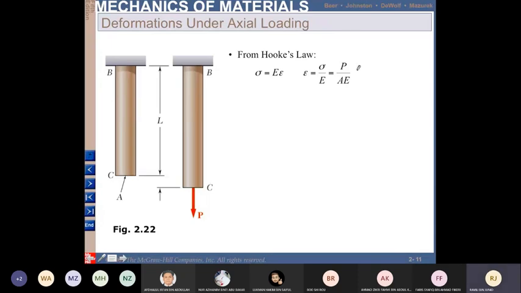Yeah, try again. So strain can also be written as stress over elastic modulus.